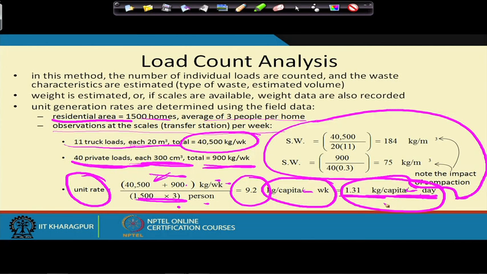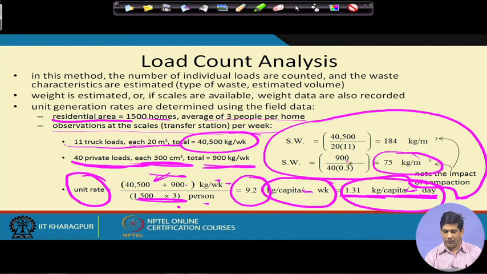The other part, which I said I'll talk to you about later, is looking at the density of the garbage in the truck. As you can see, for the private load, the density was only 75 kg per meter cube, because 900 kg divided by 40 loads and 300 centimeter cube. This is mass upon volume.